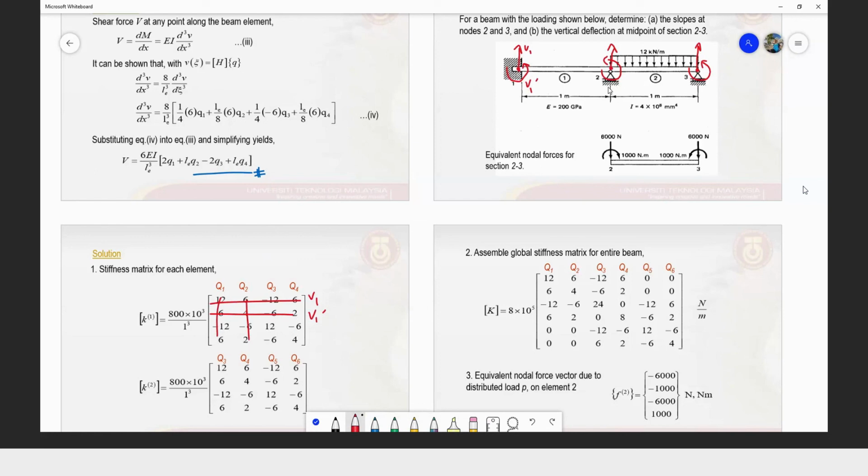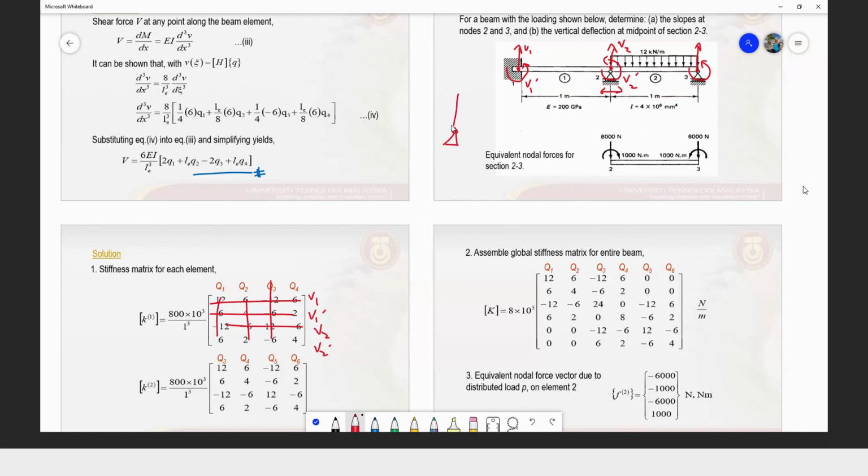For node number 2, it allows the structure here to move left and right, but it has no freedom to move in the vertical direction. And what do we have here, V2 prime. So V2 can also be eliminated. So we may have rotation because we use a pin.